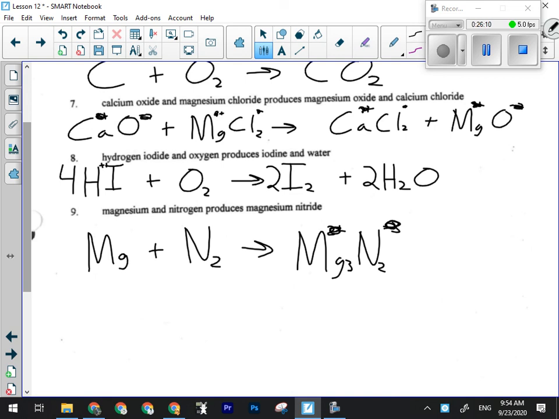And now I have to balance this. Looks like my nitrogens are already balanced, so all I have to do is put what in front of the magnesium? 3. All right. Questions on any of those?